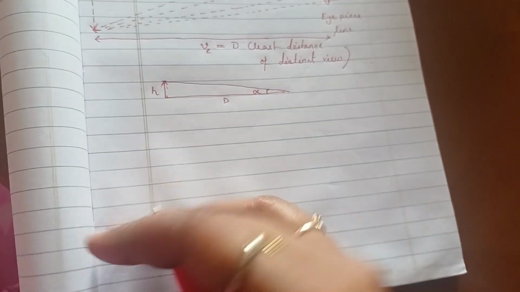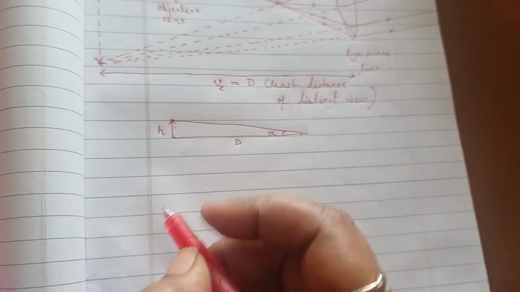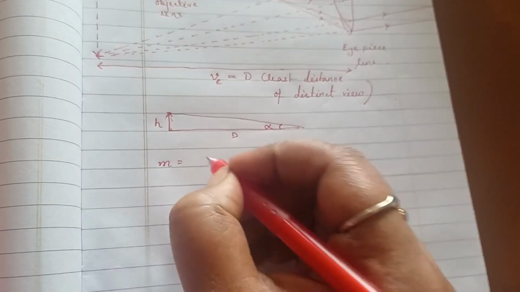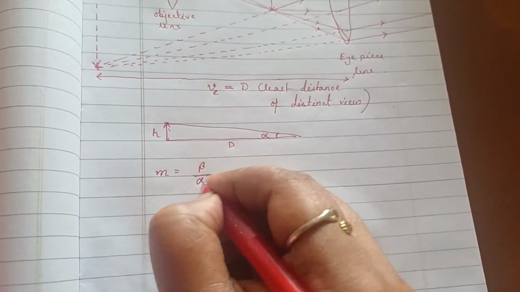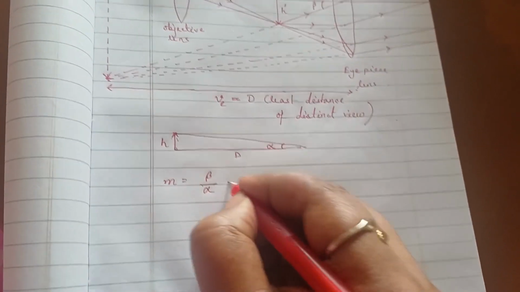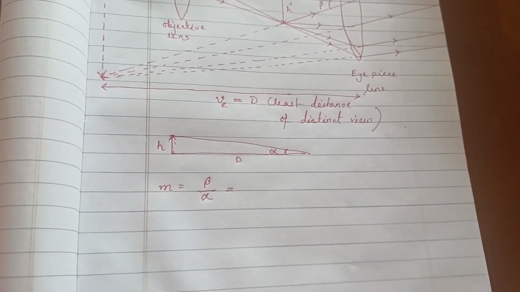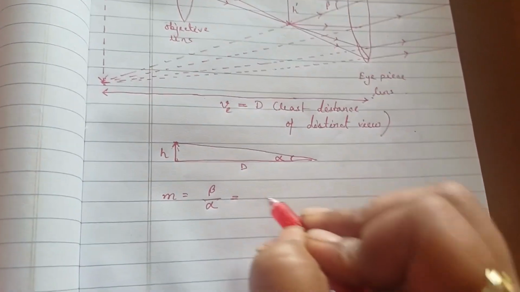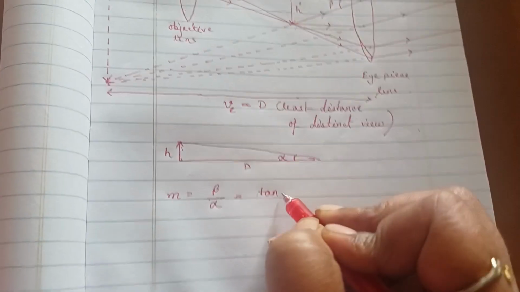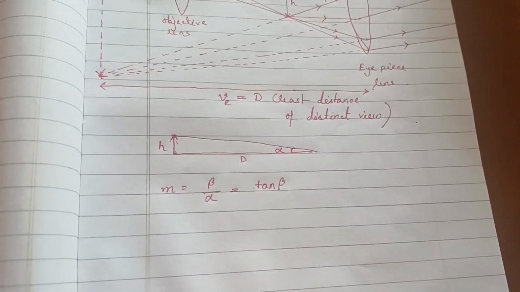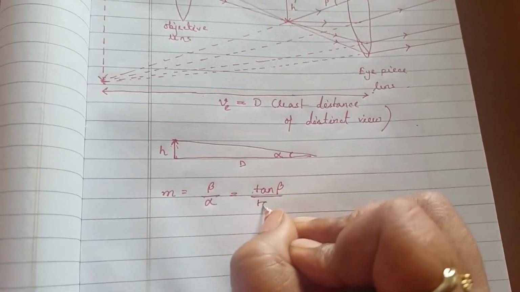Now if I have to find out the magnification, the formula is beta by alpha. I told you, if beta and alpha, these angles are very small, then their values can also be taken as equal to the tangent of it. Means beta by alpha will be equal to tan beta by tan alpha.